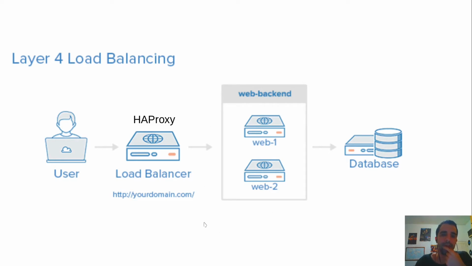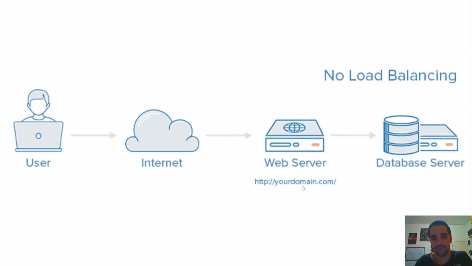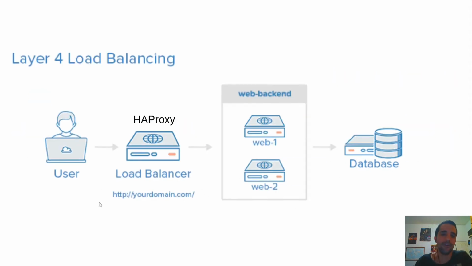And what is going to happen is that your user is no longer sending the request to your web server. Not anymore. Now the domain is going to be owned by the load balancer. The users don't know that because all of that is decoupled, and that's what you want.